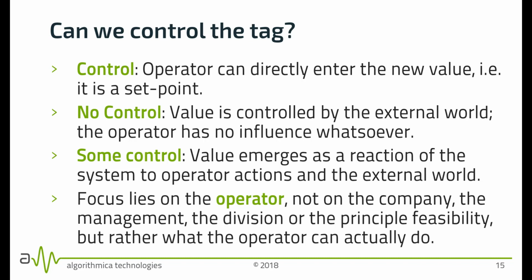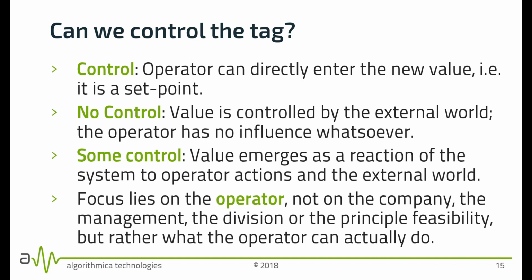The operator cannot set the value for that tag, neither does the world set the value for that tag, but rather the value emerges as a reaction to the system and partly as a reaction to the set points that the operator can control. So here are some examples.